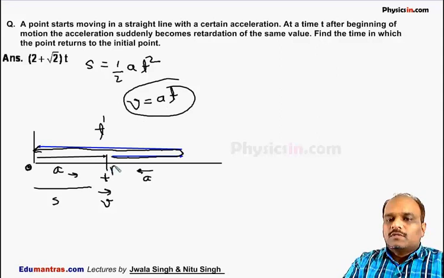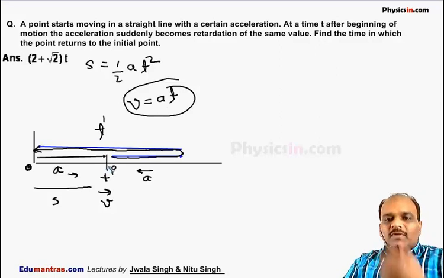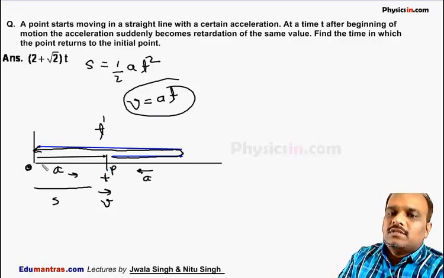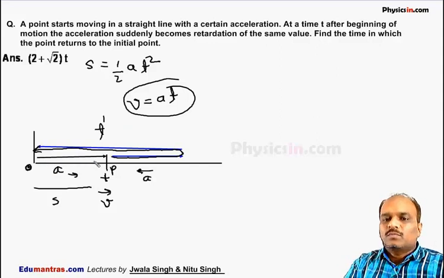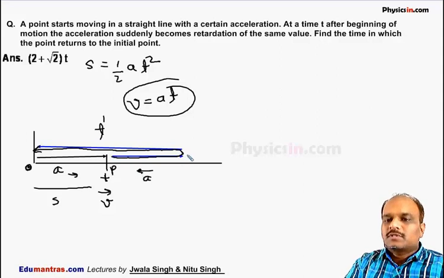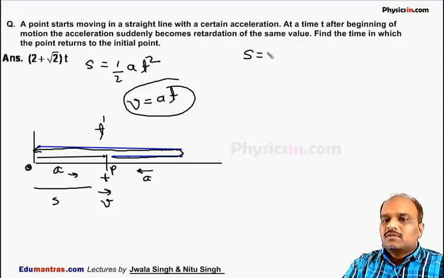From O to P, the velocity at P is at. The distance traveled by the particle from O to P is s, which is equal to 1 by 2 at square. Now after P, the acceleration becomes retardation, so the particle stops here, finally comes to rest and returns back. So we can say the displacement again s is equal to ut plus half at square.